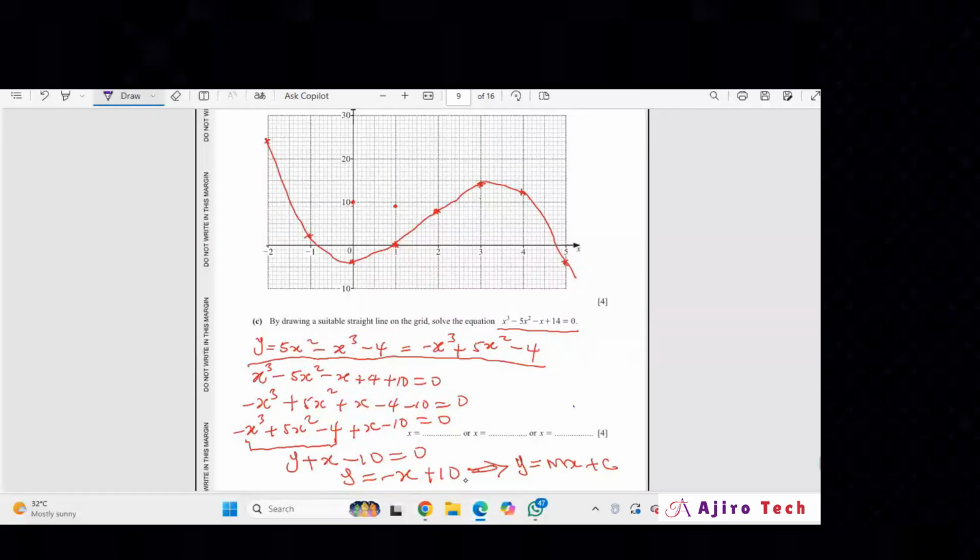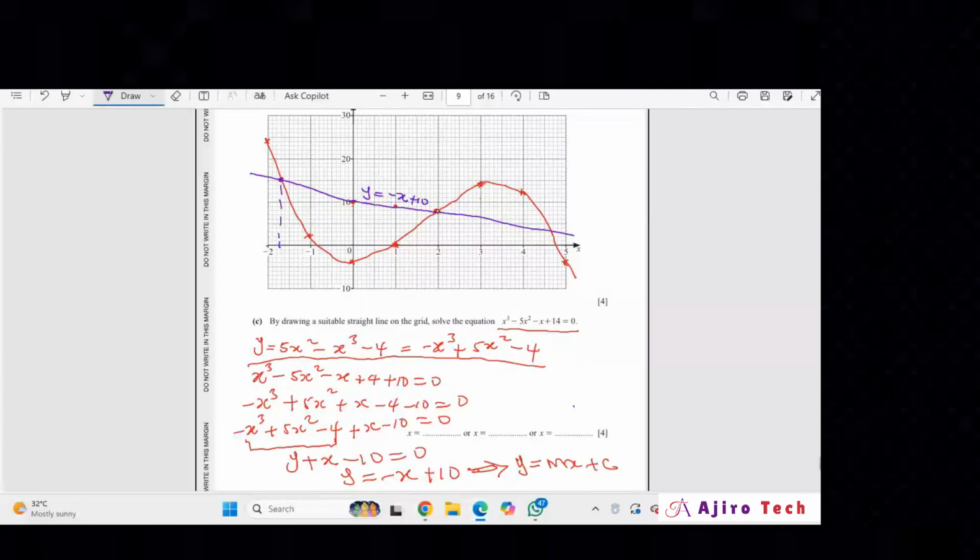Why did I have that 10? Because it is the intercept. Then the gradient of negative 1 comes down to 1 here. So from here, join it up with your ruler. This is y is equal to minus s plus 10. That is the graph.